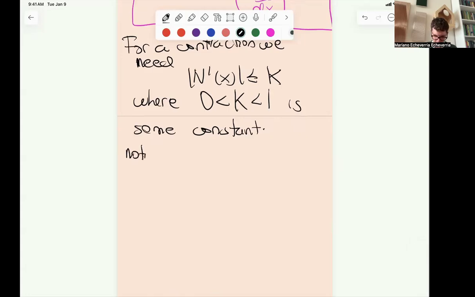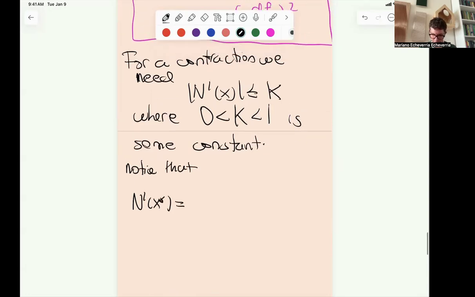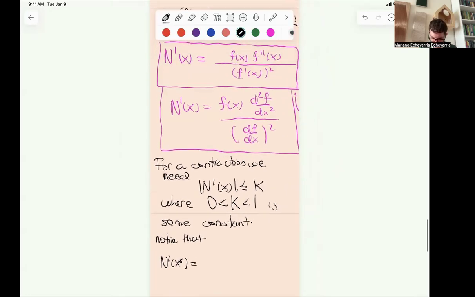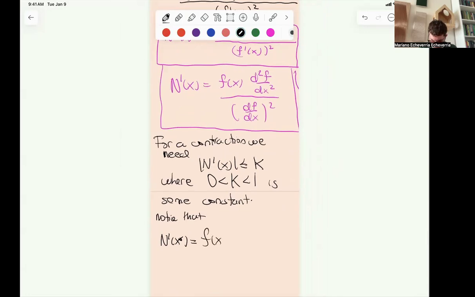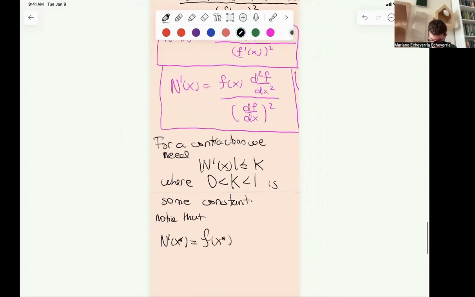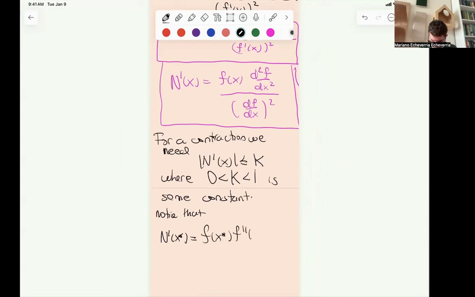So notice that m prime of x star, what would m prime of x star be according to this formula? It would be f of x star times f double prime of x star divided by f prime of x star squared.